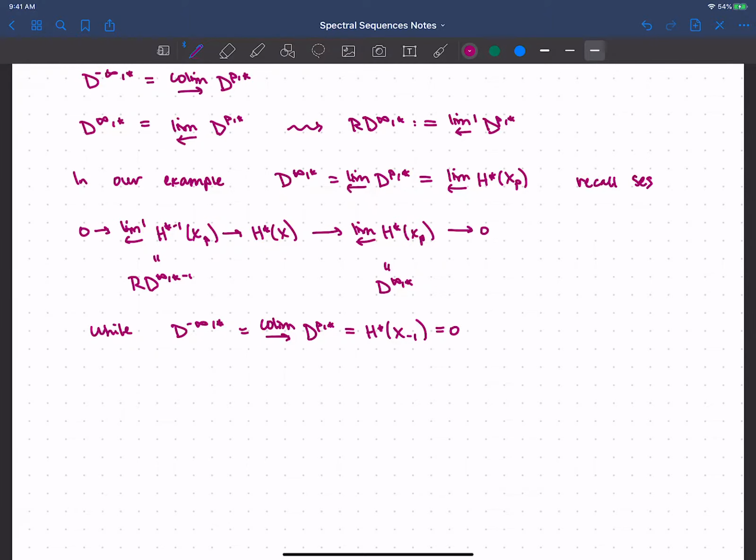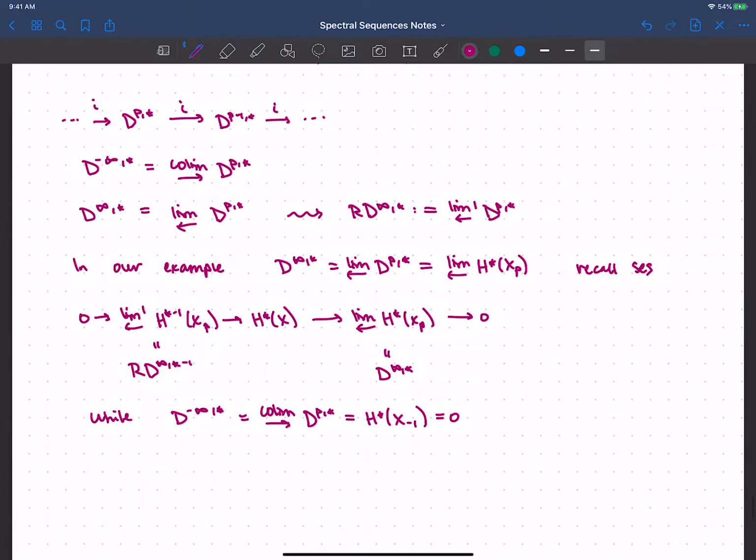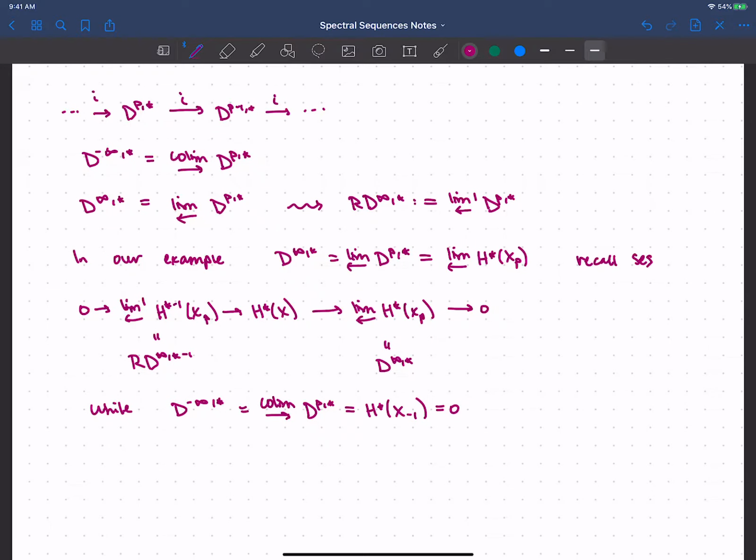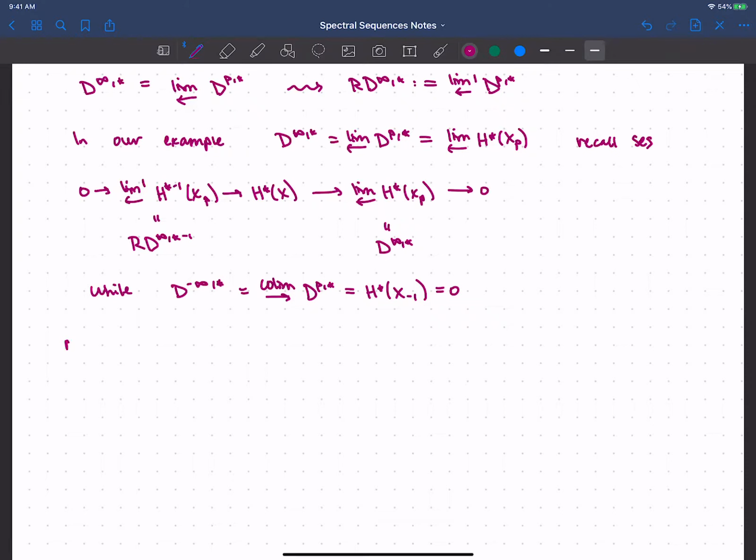Okay, so why would we even have this d minus infinity term if that's 0? Well, notice if we were doing homology, what would that look like?